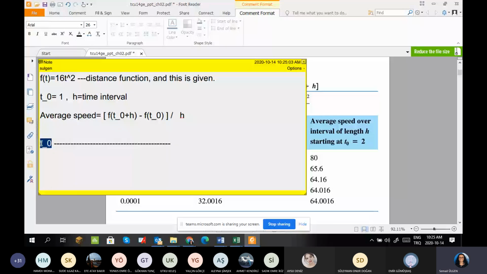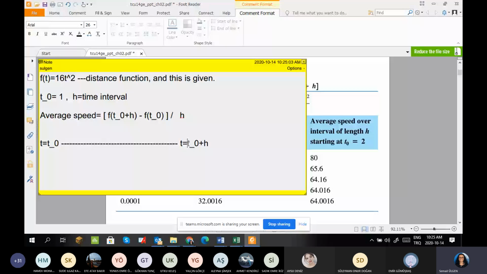This is t is equal to t naught, and the object traveled here, and it's going to go up until this point, where it is going to stop, say.